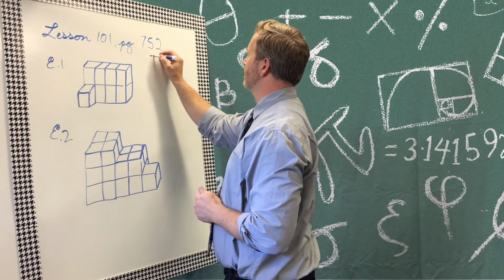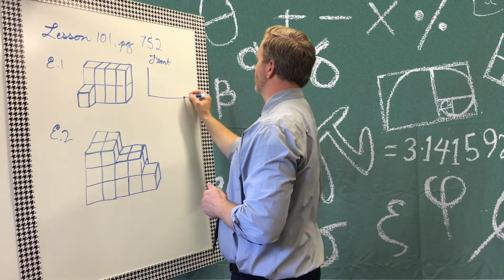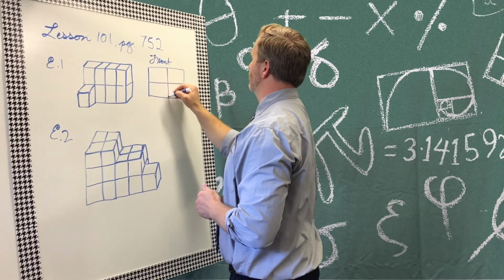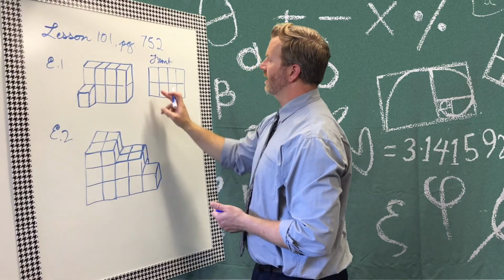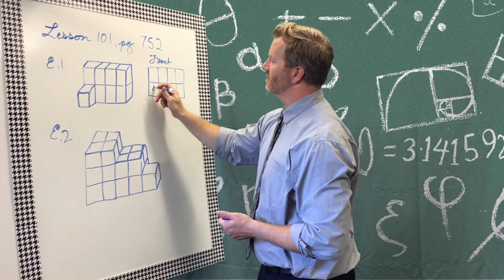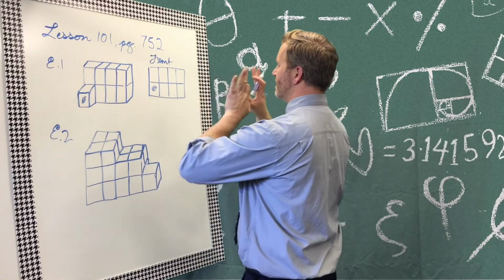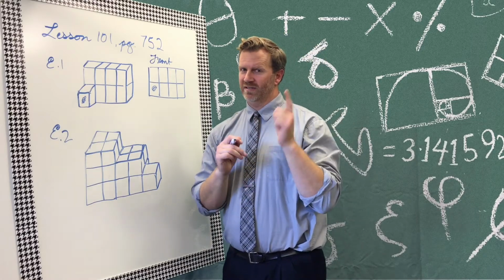So let's say this one's our front. Let's see, we had 1, 2, 3, 4. So that's what the front's going to look like, because we're not going to see that this dude is sticking out right there. From the front, it's just going to be flat, and it's going to look like that. I know it's kind of tricky, but stay with me.